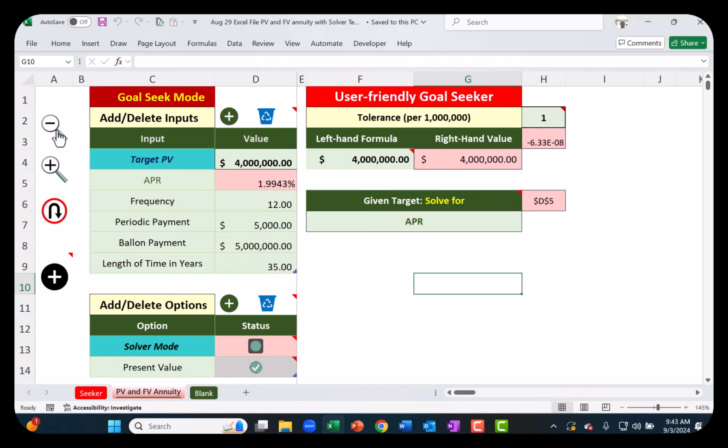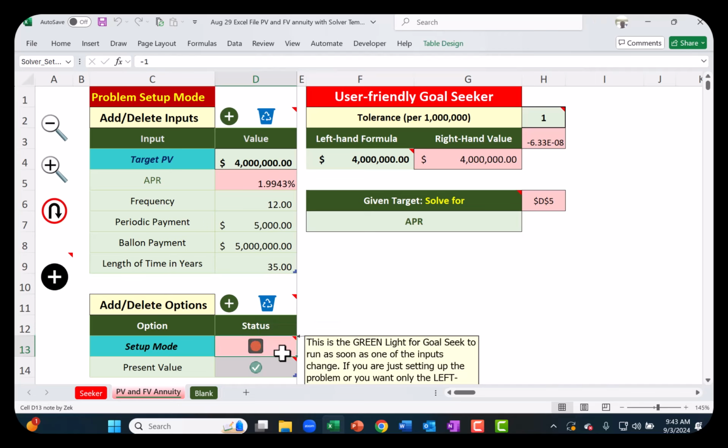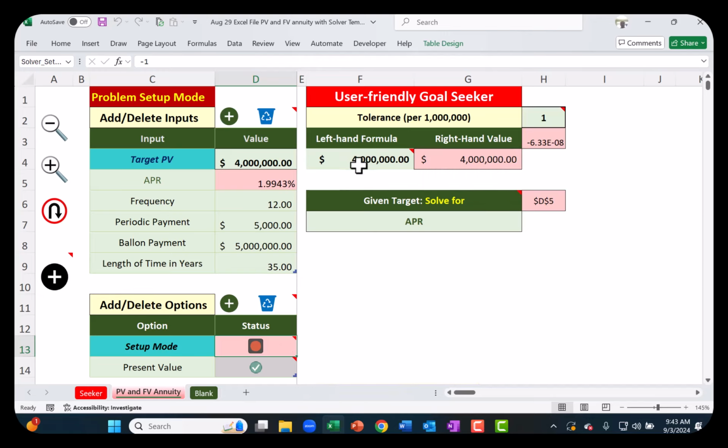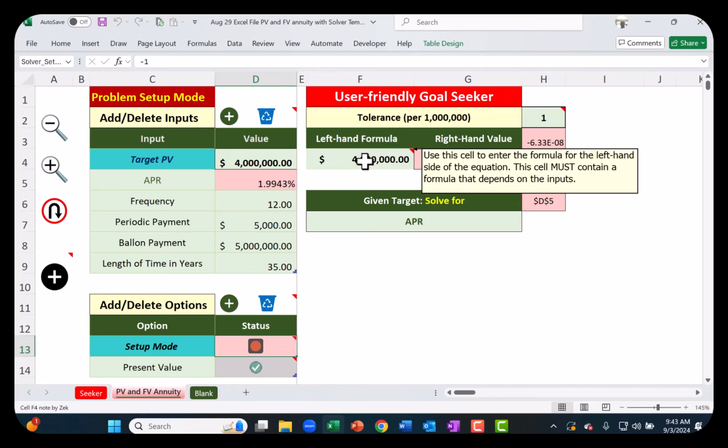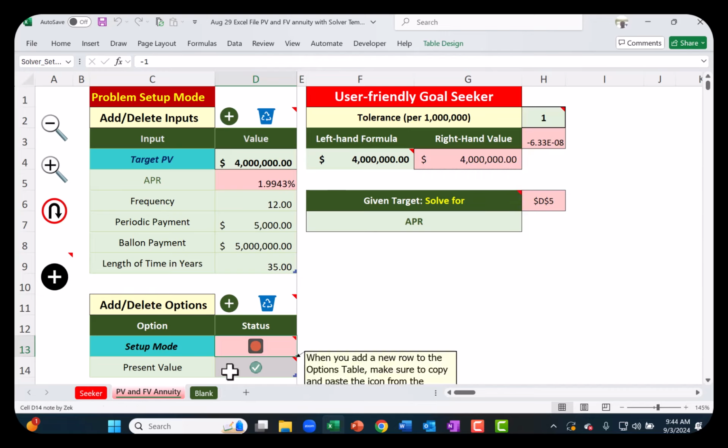First of all, since I'm trying to find the future value itself, I'm not going to be in solver mode. So double click on this, make that a red light. That means this number here is going to be either present or future, depending upon your choice, given all these inputs.